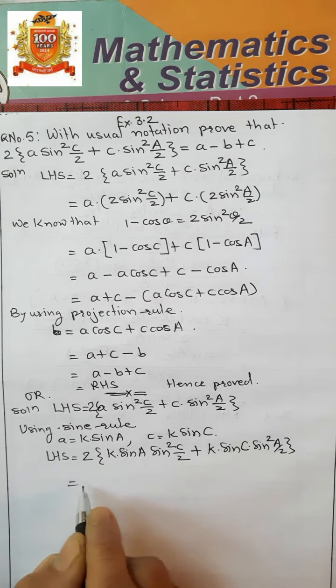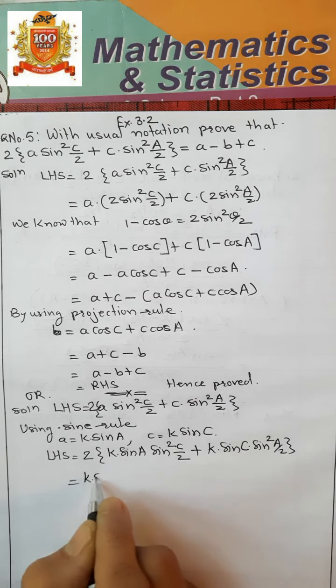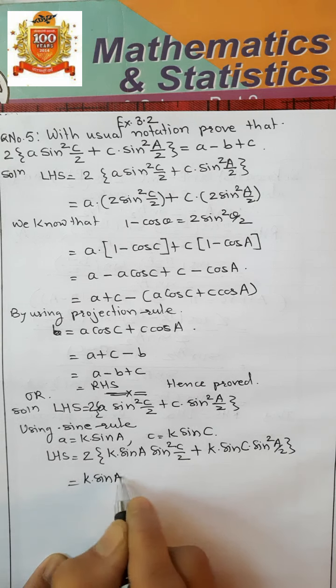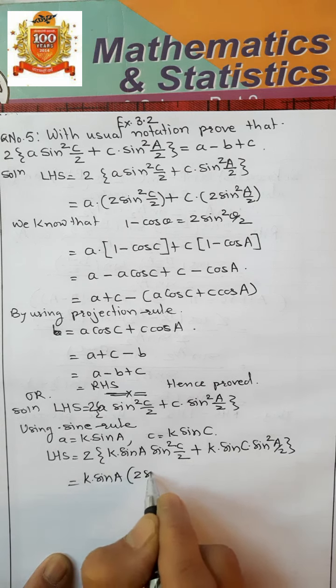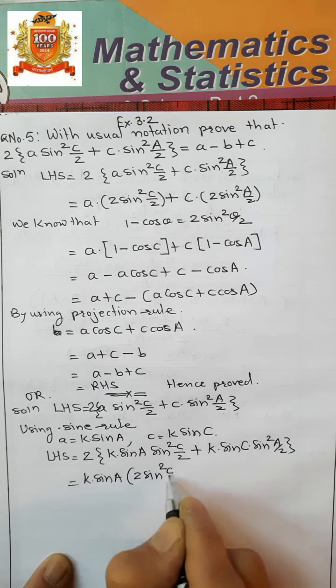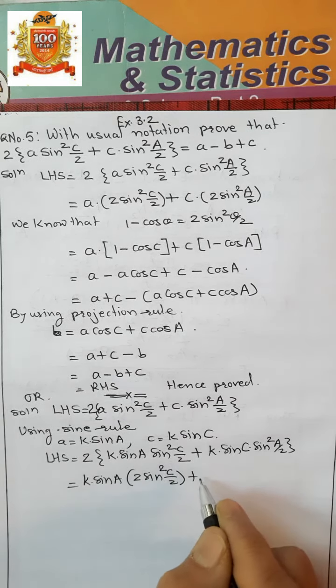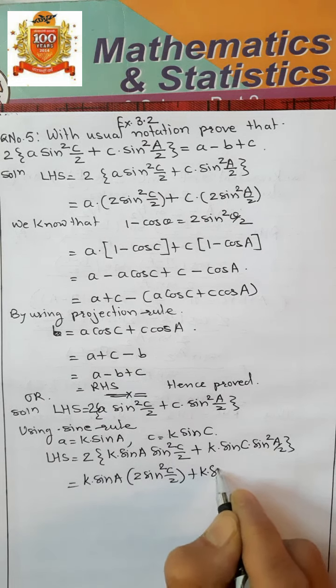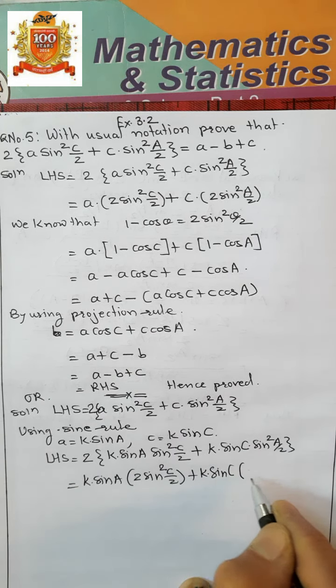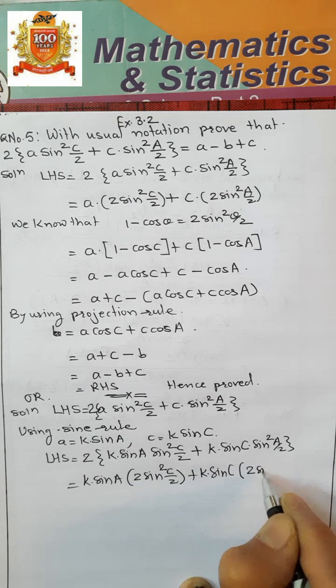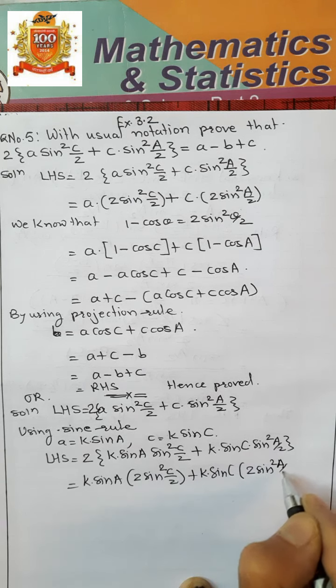Again, this can be written as k into sin A into 2 sin square C upon 2 plus k into sin C into bracket 2 sin square A upon 2.